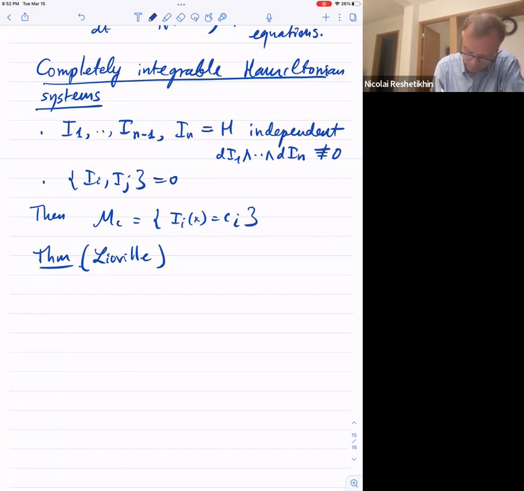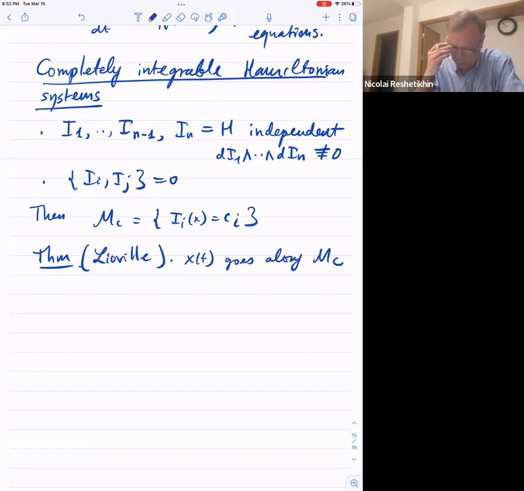which says the following: x(t) goes along this level surface. It's completely clear because the integrals Poisson commute with the Hamiltonian, so all the trajectories belong to these level surfaces.